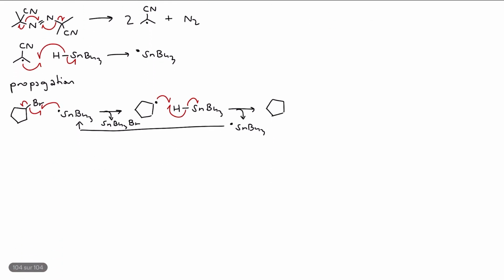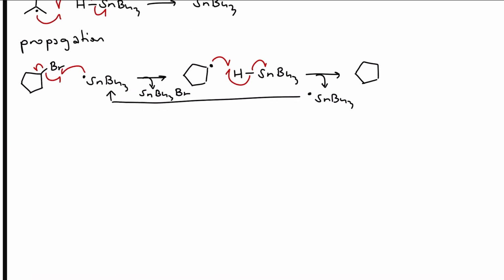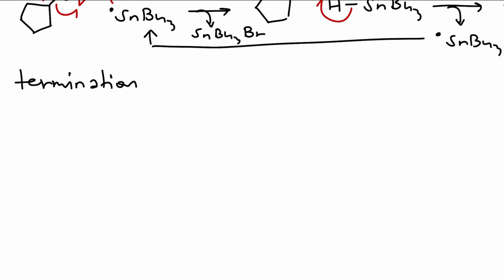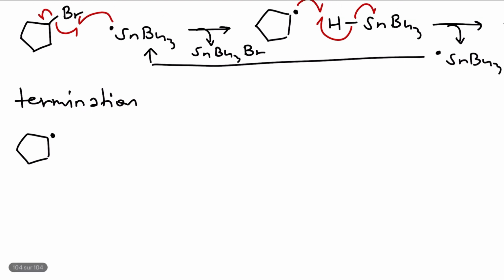And the termination step is just the recombination of radicals, right? So it could be 2 of the cycloalkanes coming together. You could have this, you could have whatever. You can have a million possibilities with the termination step, given that there's a radical in your system.